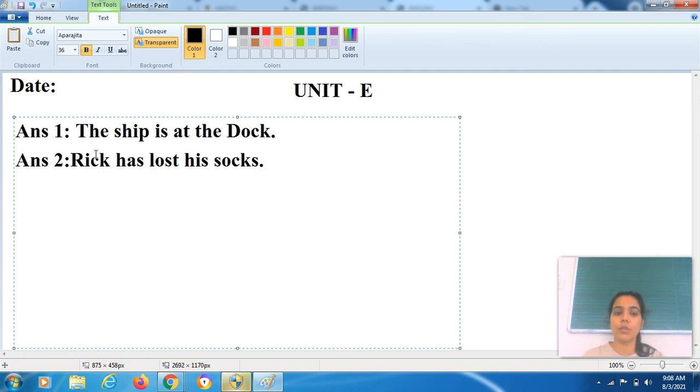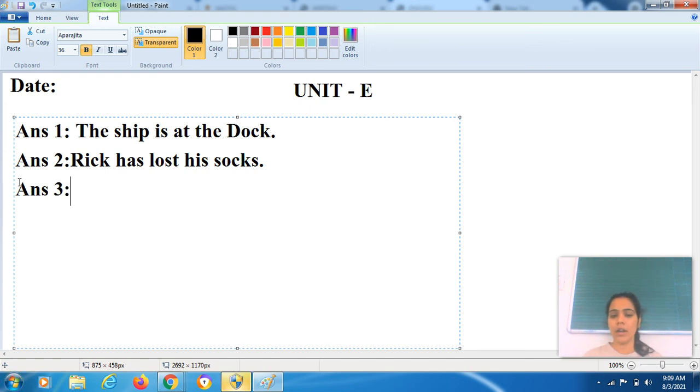You all have to write Rick, has, lost, his, socks. What did he lose? He lost his socks.